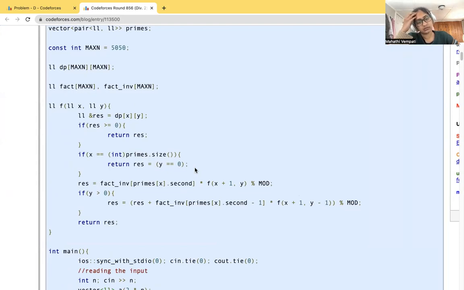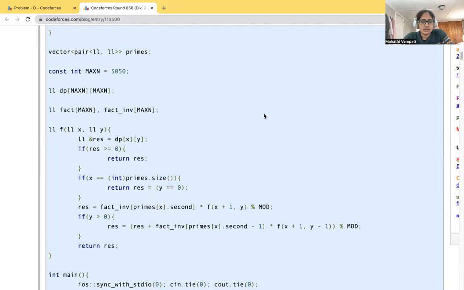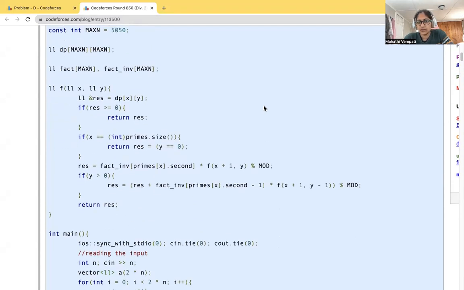Why are they recursing? Hmm. Yeah, so why are they recursing?